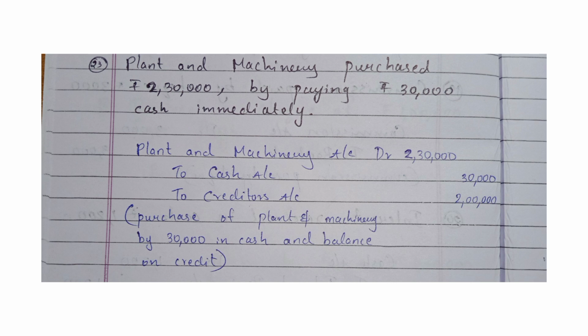So let's see what's happening here. The journal entry will be plant and machinery account debited. We are writing the total amount 2,30,000 to cash account. How much we have given as cash, that is 30,000. Again to creditors account, the rest of the amount, that is 2,30,000 minus 30,000, that is 2 lakh.